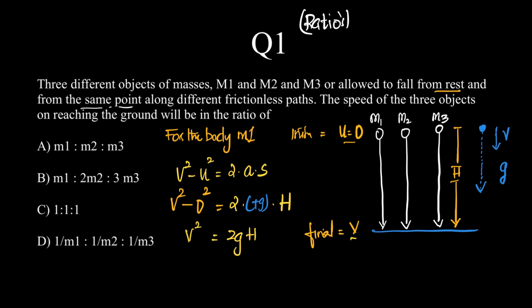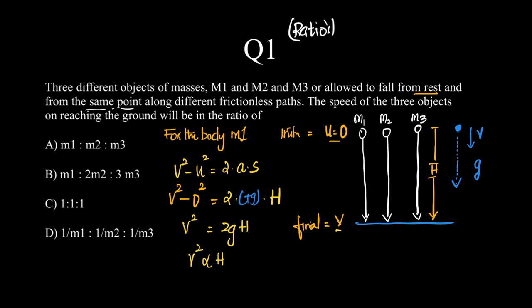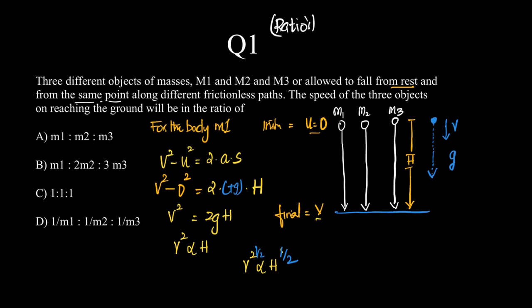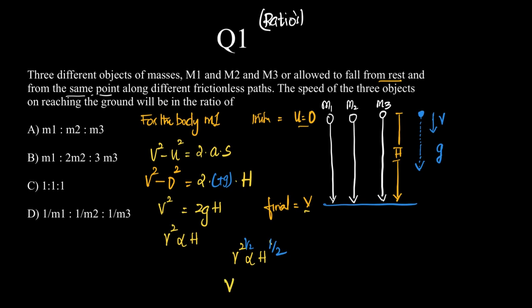Now 2 and g are constant, so v square is proportional to h. If you take the power of 1 by 2 on both sides, v is proportional to h raised to 1 by 2, or v is proportional to root of h. This is the relationship between velocity and height.